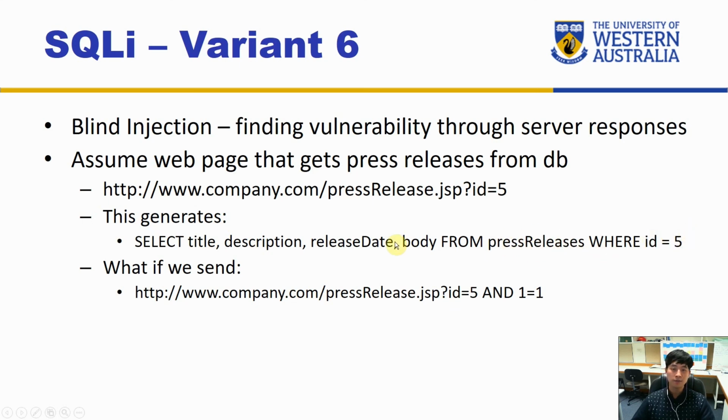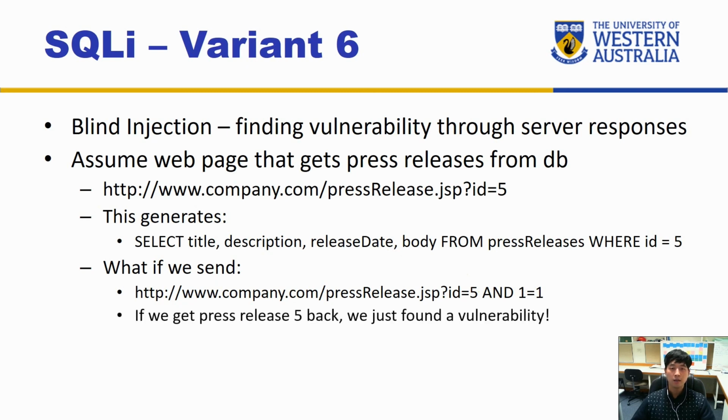Okay. Then what would happen if we send something like ID equals 5 and 1 equals 1? You can think about it. But basically, if we get press release 5 back, so we're not expecting anything to change, but it returns what it normally does, but basically that just confirms that there is a vulnerability, okay?